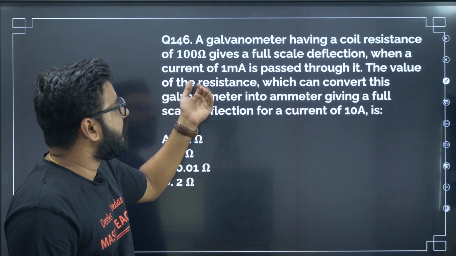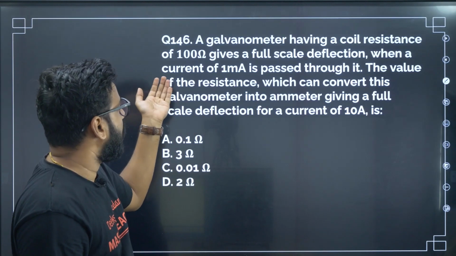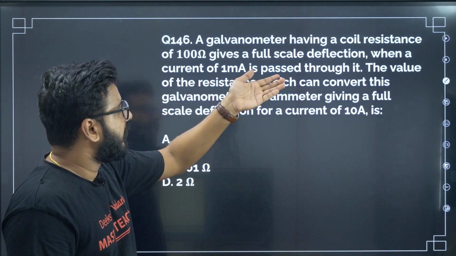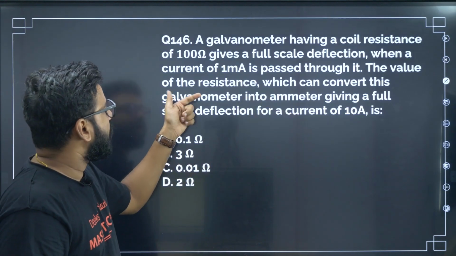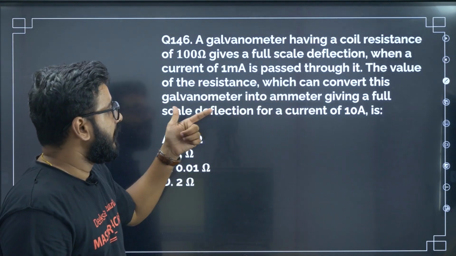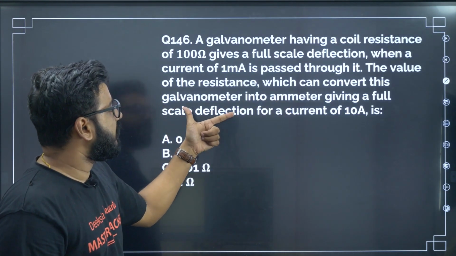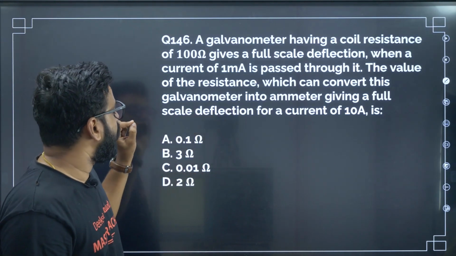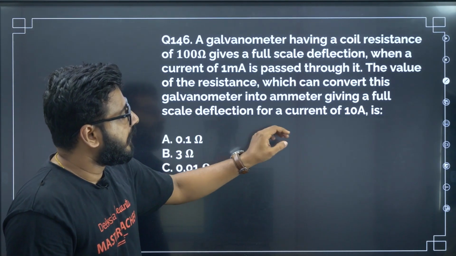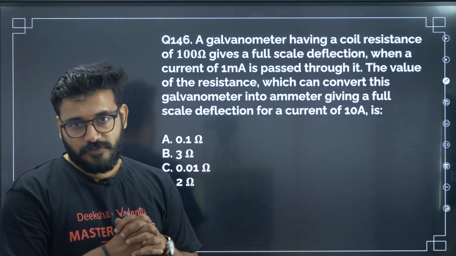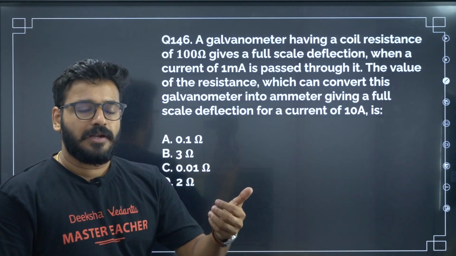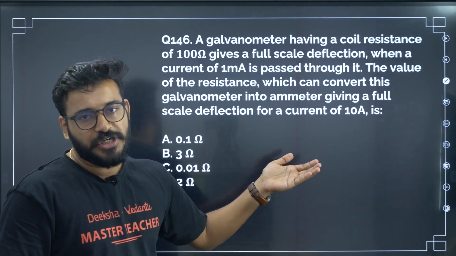A galvanometer having a coil resistance of 100 ohms gives a full scale deflection when a current of 1 milliampere is passed through it. The value of resistance which can convert this galvanometer into ammeter giving a full scale deflection of current of 10 ampere is. So basically it's a question of conversion of galvanometer into an ammeter, and that's directly asking the shunt resistance.